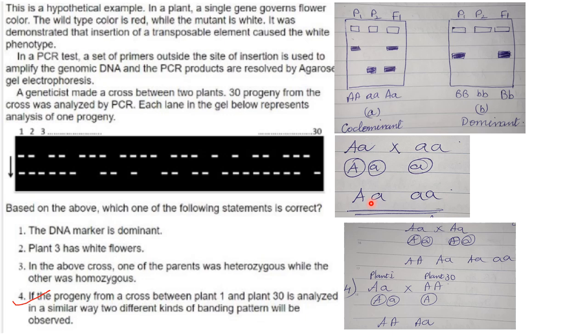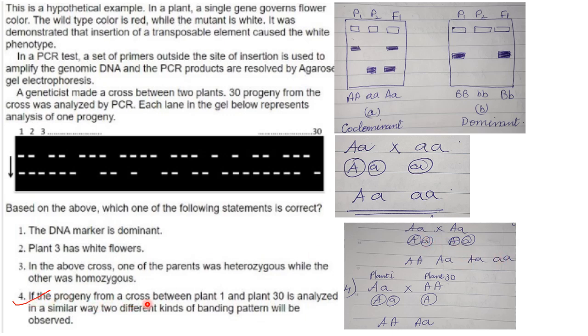So option 3 is also incorrect. If both the parents must be heterozygous, not one heterozygous and the other homozygous, then you will get all the 3 combinations as seen here. See here, if it is capital A, you will get capital A band, and small a band also. So both the parents have to be heterozygotes.